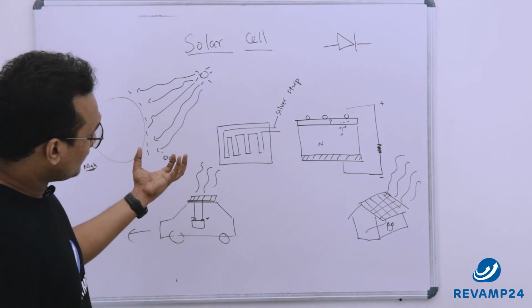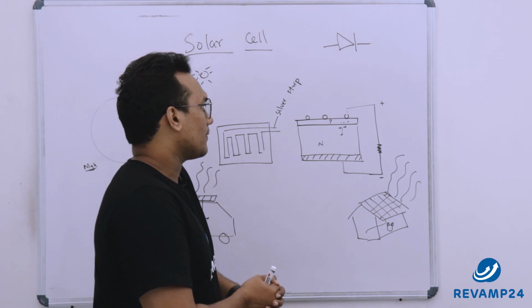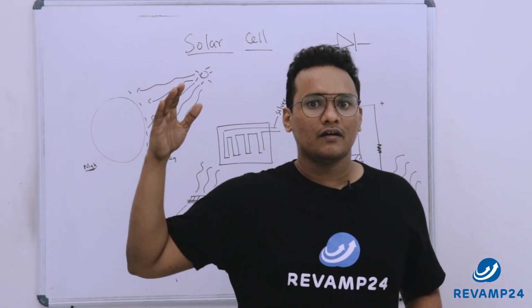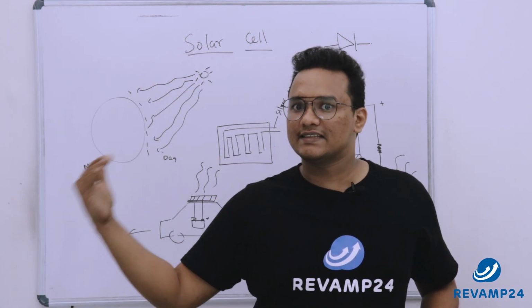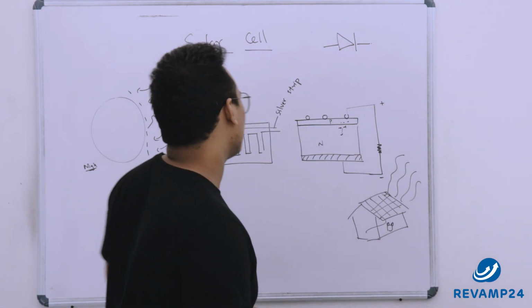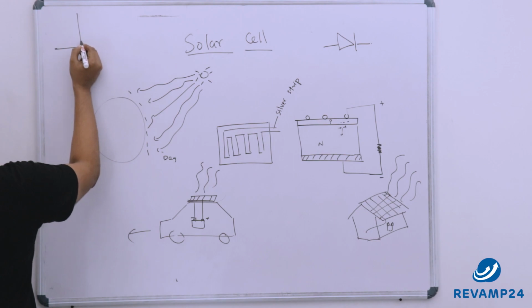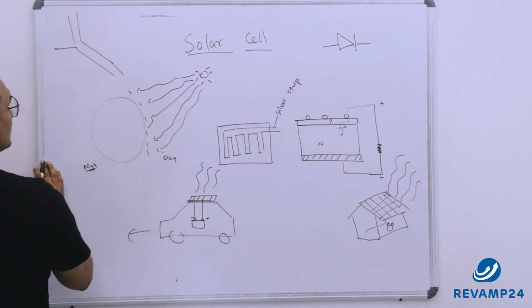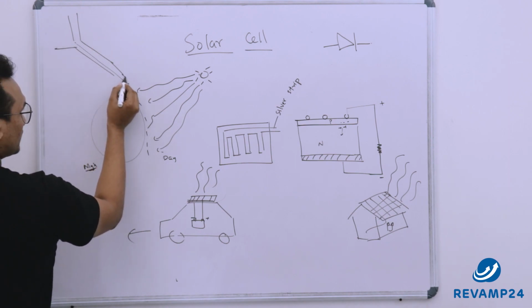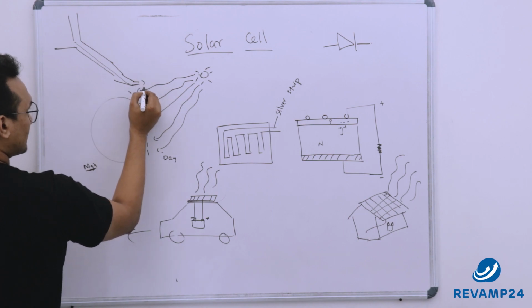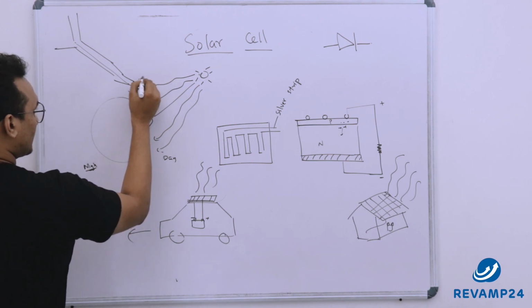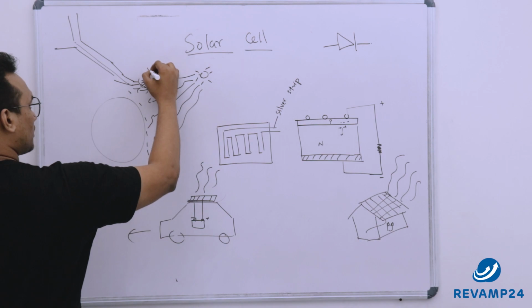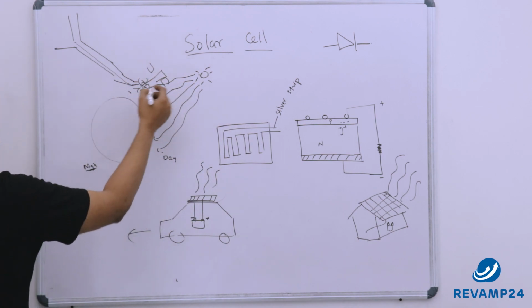Even the electrical energy we are using, which we make at AC generators of a powerhouse, works like this: we store the water at a higher potential in a dam, and this potential energy of water is converted into kinetic energy as it comes down, and this kinetic energy is converted at the turbine into mechanical energy, and this mechanical energy is given to a rotor which is rotating in magnetic flux.